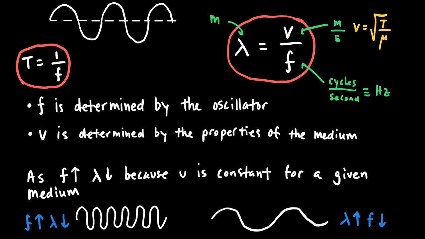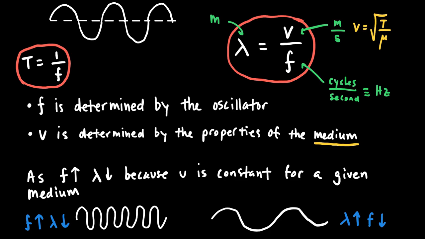Two equations that we need to know for waves in general are, first, on the right-hand side, the wave equation, which relates the wavelength, the velocity, and the frequency. In the top of the equation, we have the velocity, which is measured in meters per second. And maybe you remember that the velocity is determined by the properties of the medium, right? So all mechanical waves oscillate in a medium.